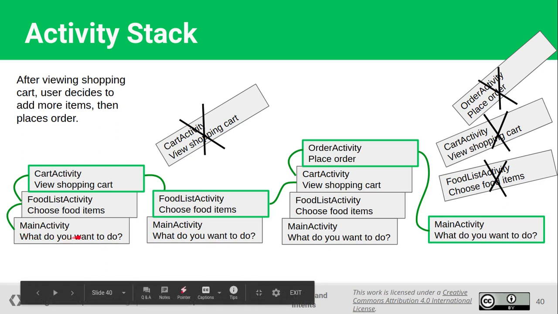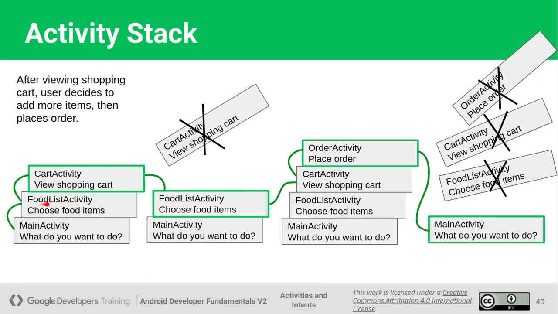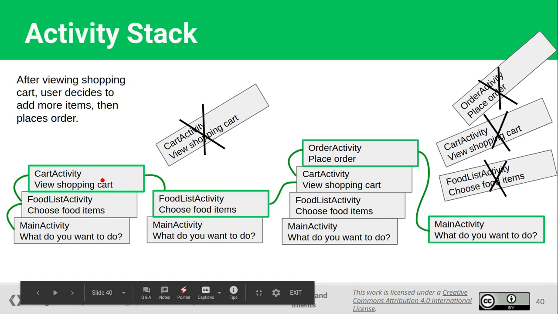From the main activity, the user can select a food item. If the user selects a food item, it will navigate to the food list activity. From the food list activity, the user can add this food to the cart. From the cart activity, if the user presses the back button, it will navigate back to the food list activity, because these 3 activities have been added into the stack.